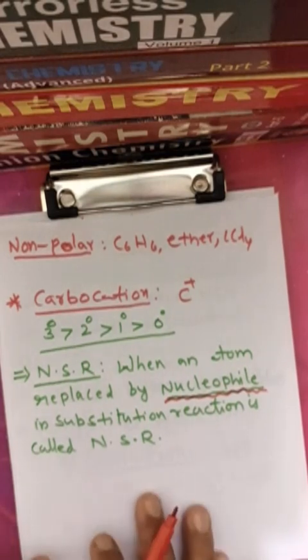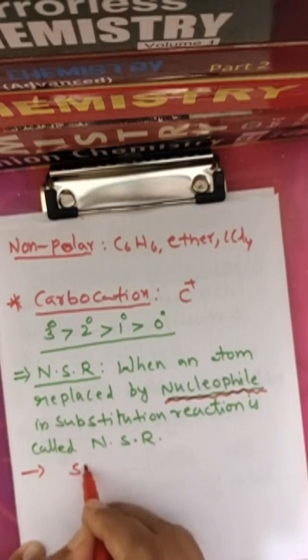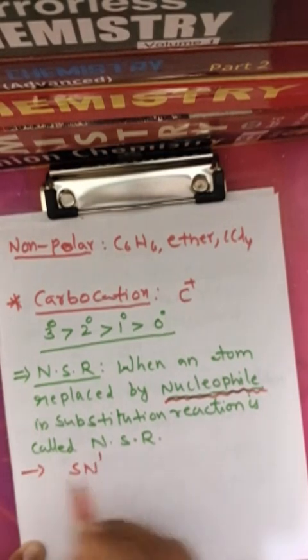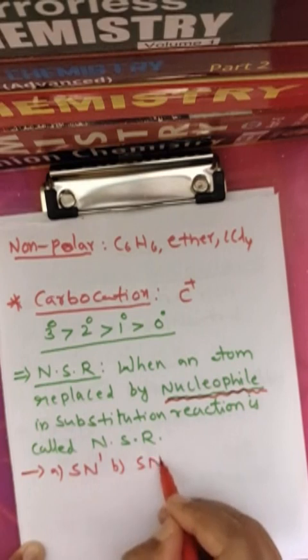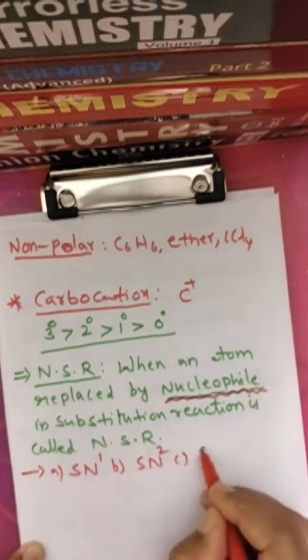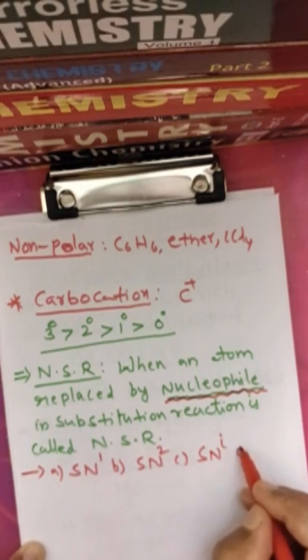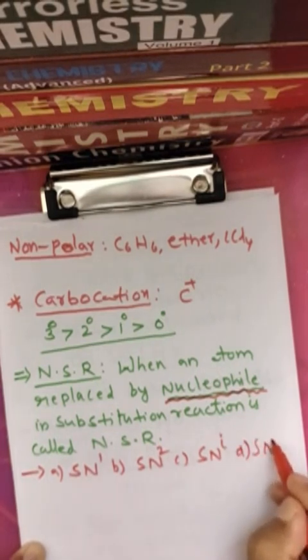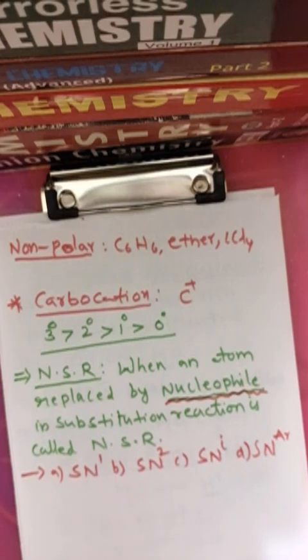Nucleophilic substitution reactions are generally of 4 types: SN1, SN2, SNi, SNAr. SN1 is unimolecular nucleophilic substitution reaction.